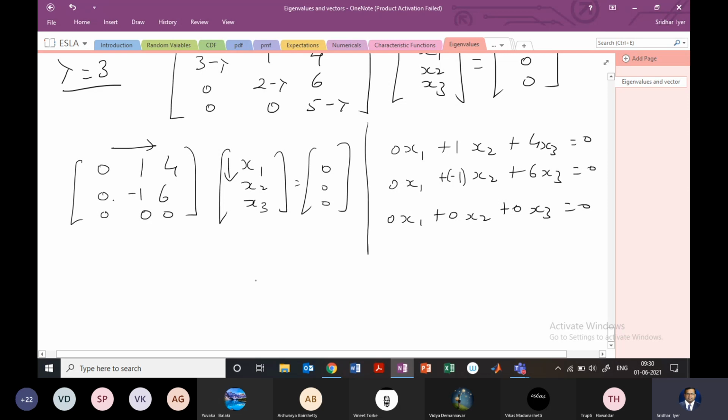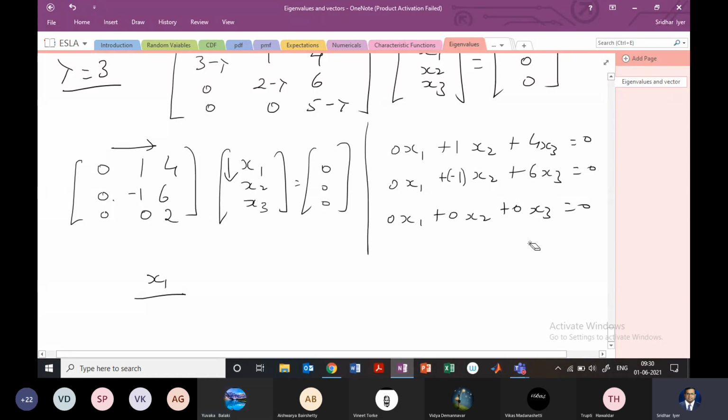So I'll take the first two equations. The last equation does not make much sense here. For the last value, 5 minus lambda, the lambda value is 3, so it becomes 2.